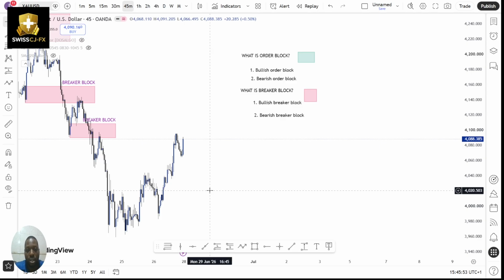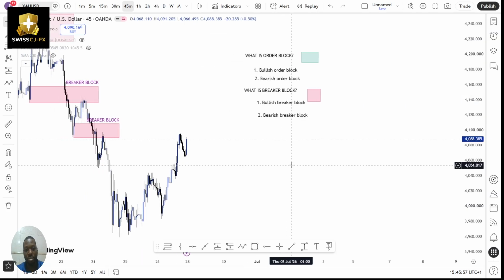It is believed that the order block is the zone where smart money or large institutions place a pending buy or sell order before making an impulsive move, then wait for the price to return to that zone before triggering that order and moving in the direction, and that's how they cash out.